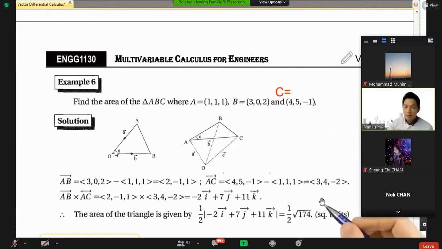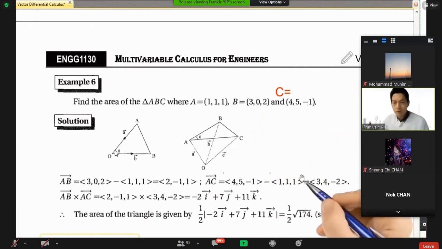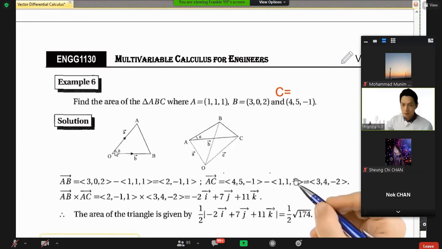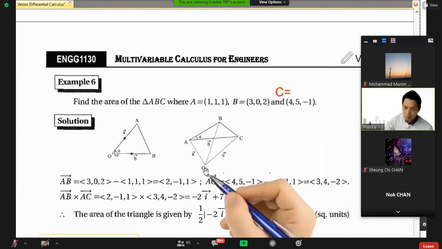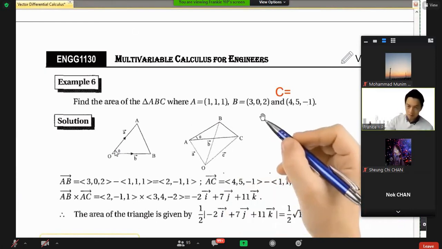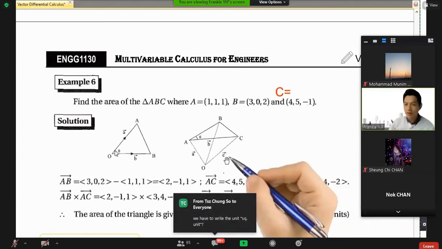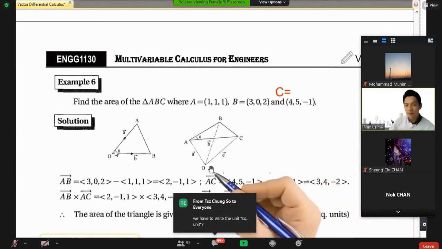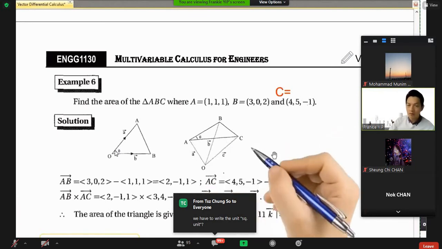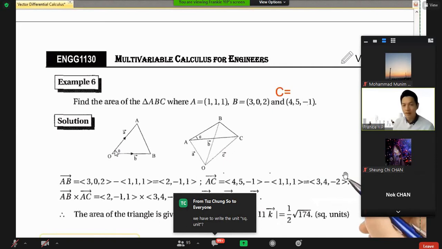Now what you need to do is convert them into vectors if we are going to use the vector method. So we need to add the extra O over here to form position vectors. So we have OA, OB, and OC over here. Got it?